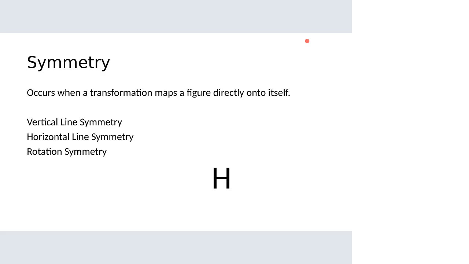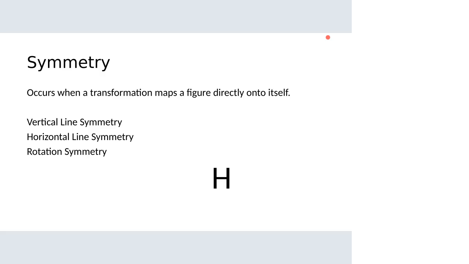Some examples will be shown with this letter H that we've got down here. The types of symmetry that we're going to discuss will be vertical line symmetry, horizontal line symmetry, and rotation symmetry. These are the three types of symmetry that we are going to be concerned with.